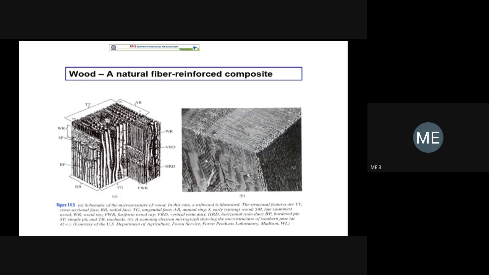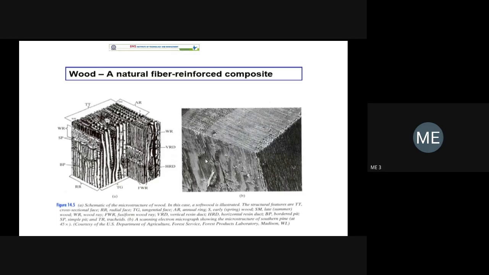Application part: application of metal matrix composite, application of ceramic matrix composite, as well as application of polymer matrix composite. And one more is natural composite. Wood comes under natural composite, because if you consider the coconut tree, it has fiber.